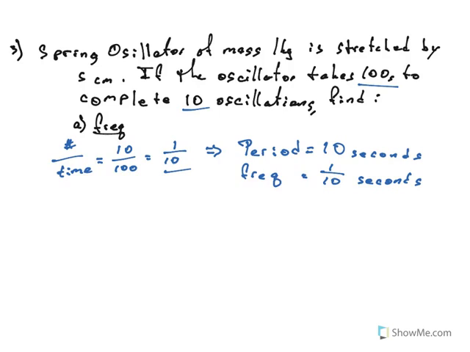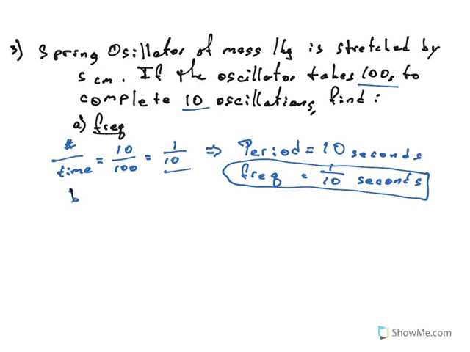Here I did 10 oscillations in 100 seconds, so I could do 1 oscillation in 10 seconds. And understanding what that means, the number of oscillations per second, that's the frequency, and the number of seconds it takes to do 1 oscillation, that's the period. So here, frequency is 1 over 10.